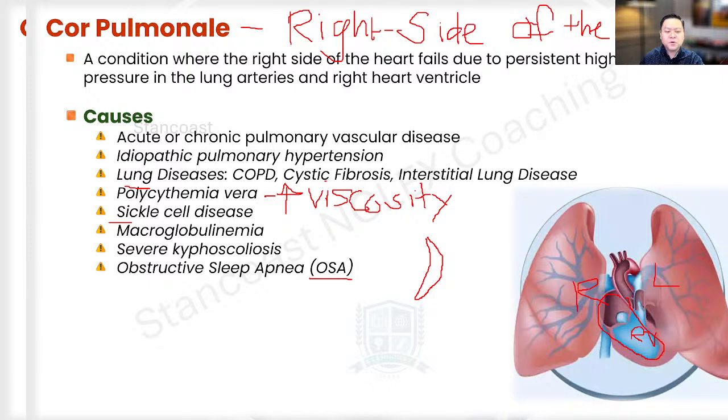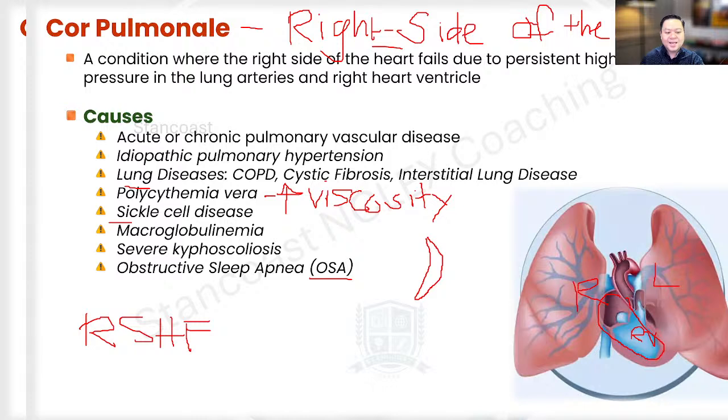But our focus really is to put emphasis that all these causes will actually put extra strain onto the heart by messing with the lungs and also the blood vessels. And again, that problem goes onto the right side of the heart. Okay, so basically, this is what we have as right-sided heart failure, RSHF.